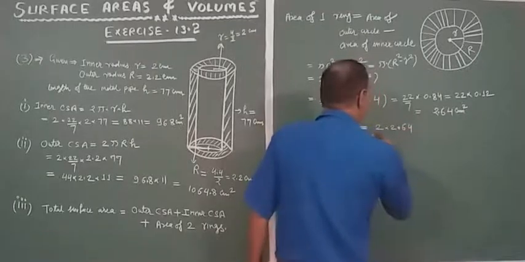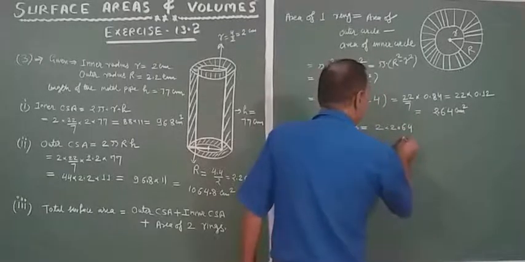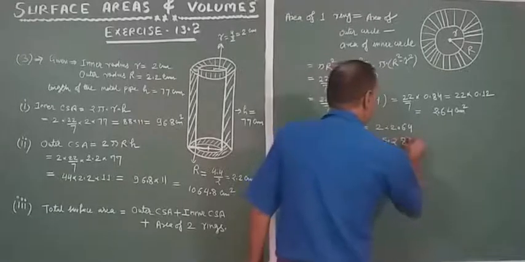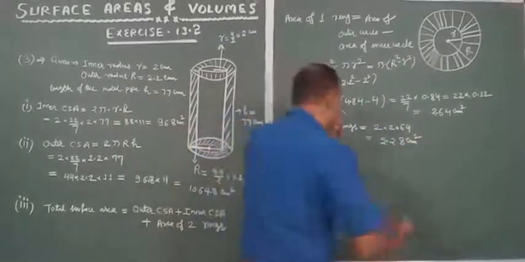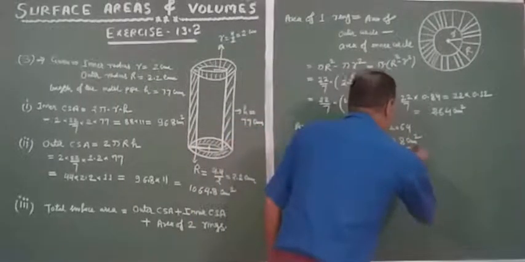When you multiply, you will get 5.28 centimeter square. This is the total area of the two rings.